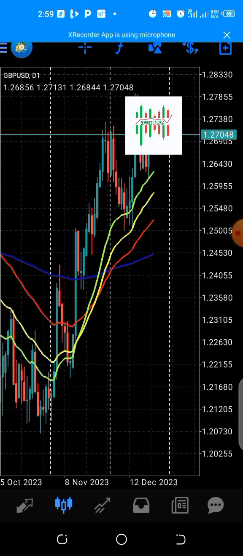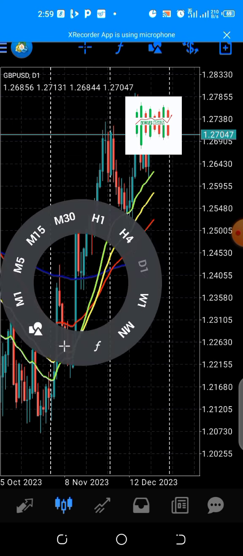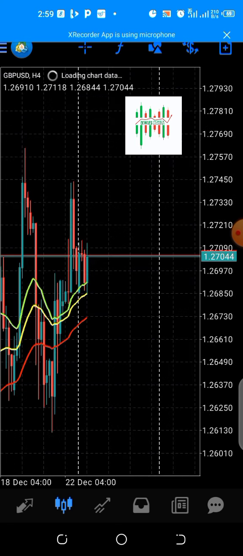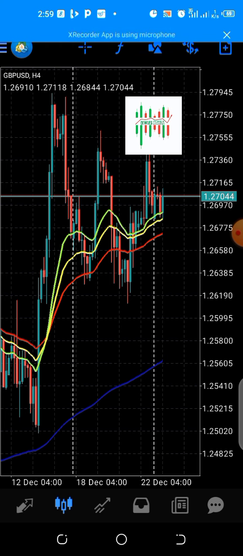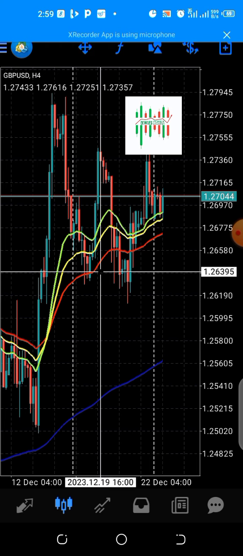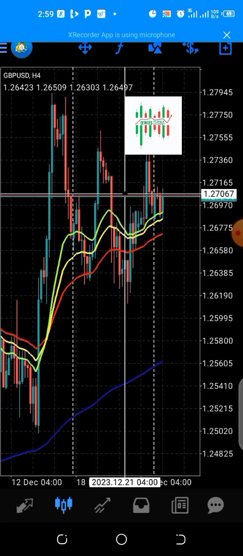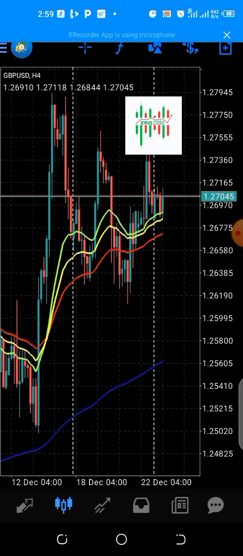But since we are day traders, let's not use the daily time frame for it. So we'll go to the H4. Upon checking the H4, if price is above this moving average, you should be looking out for a buy, if the daily time frame closed bullish.